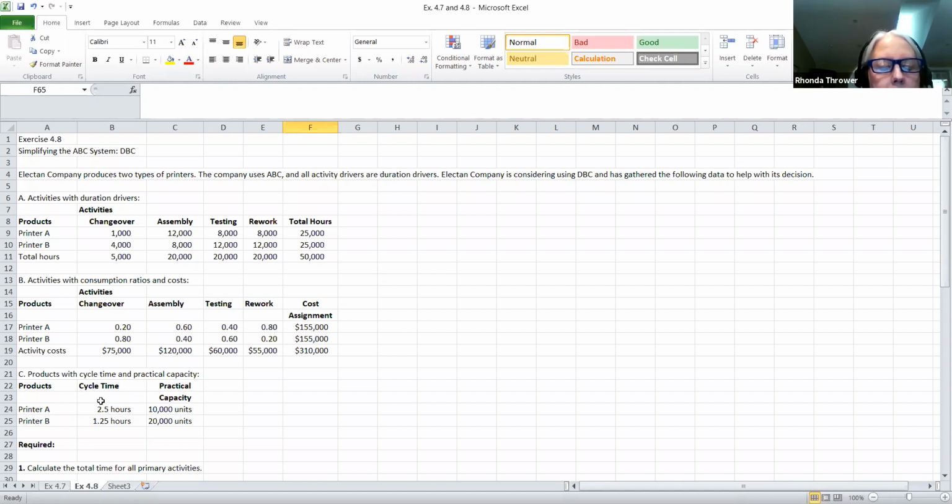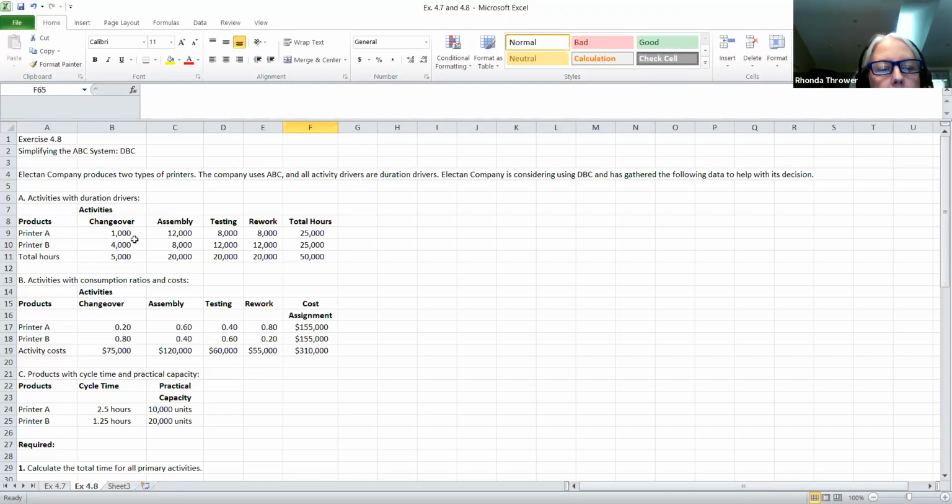Cycle time is the time it takes us to produce one unit. We're going to also apply to this the practical capacity, and that's the number of units that we're expecting to produce of our products. There are going to be two products in this problem, printer A and printer B. And for printer A and printer B, they've just broken down the products by the activities.